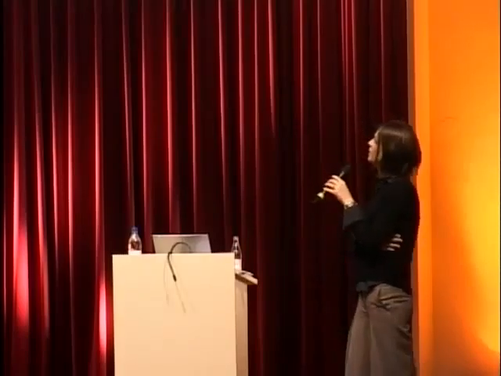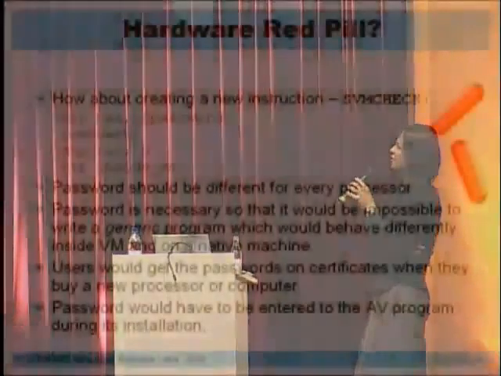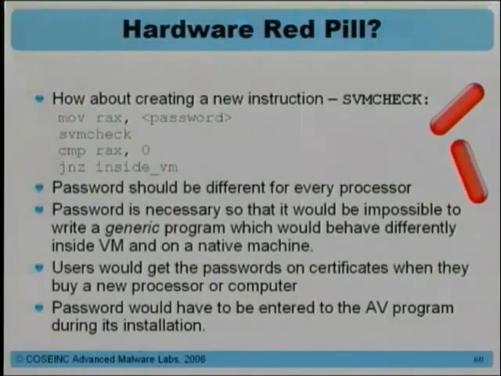And we need a systematic way. So the only way I think it could be used systematically against BluePill would be hardware-based. Basically it would be introducing a new instruction to SVM or to VT-x. Let's say it's SVM check. And of course, this instruction doesn't exist today.